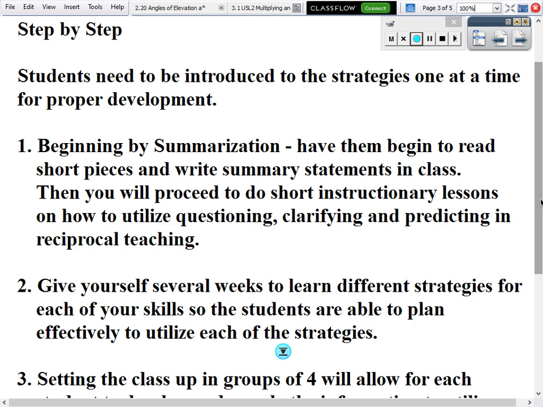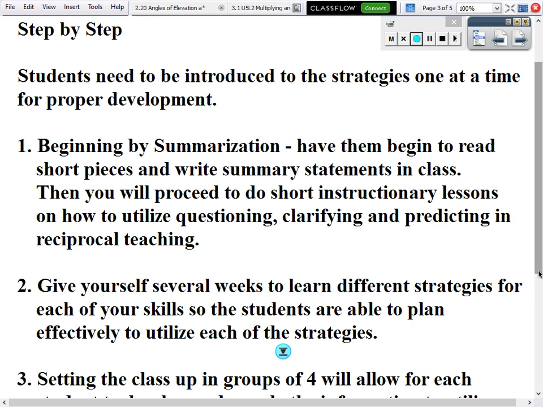And so we're going to begin with the summarization piece, because being able to know what you're working towards is important. So having them read these short pieces and then summarize, writing a summary statement is important, because again, you're translating what you ultimately are thinking, what you want to arrive at as a conclusion, putting it into writing, and then of course being able to take that into your groups and work with it.